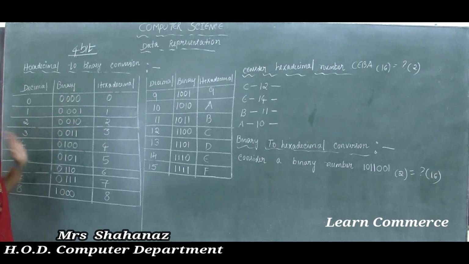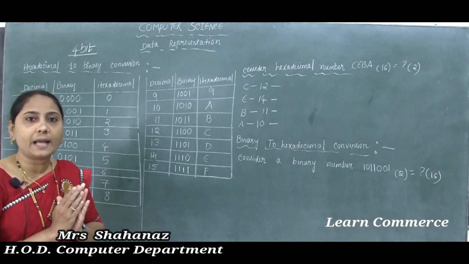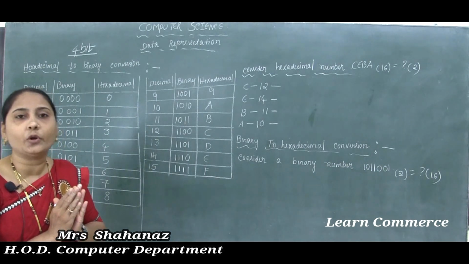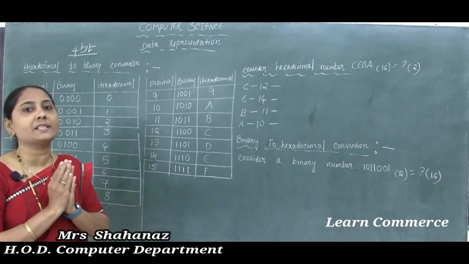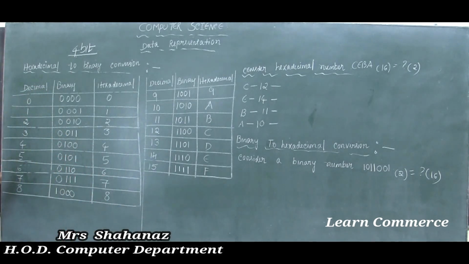Clear this point here? As we know, in decimal how many numbers are there? Totally we can say that the decimal system contains 0 to 9, that is 10 numbers, correct? That is 0, 1, 2, 3, 4, 5, 6, 7, 8 and 9.